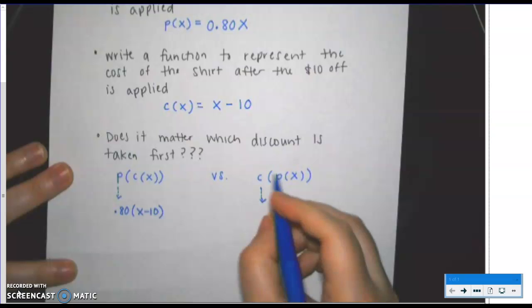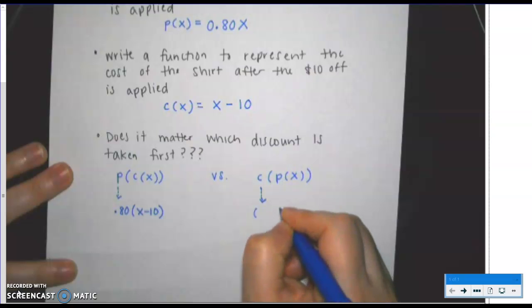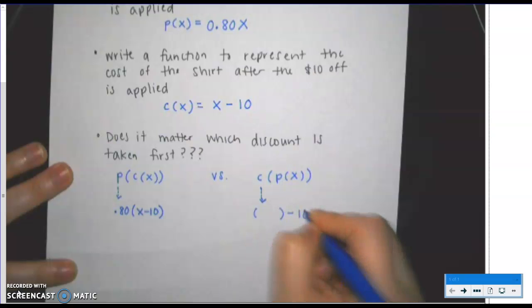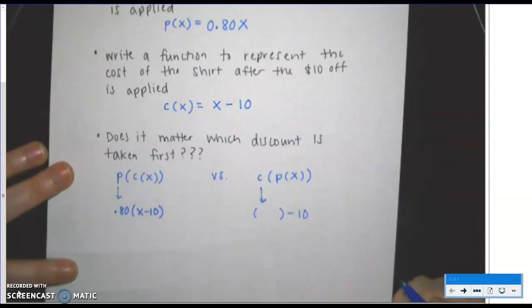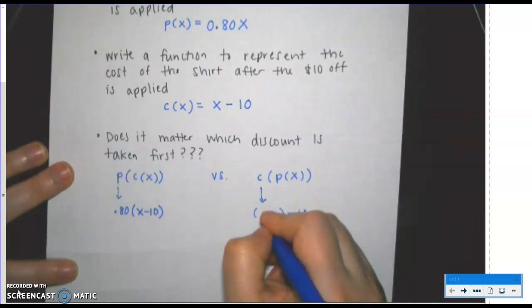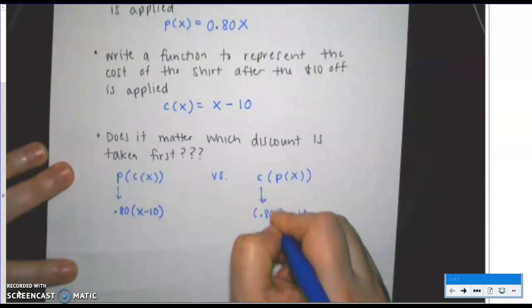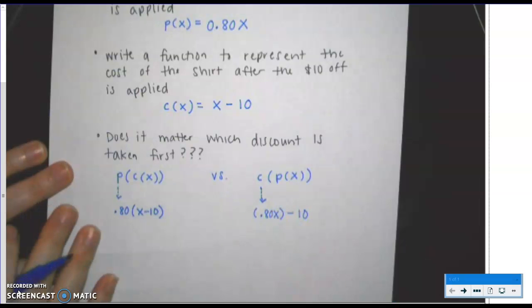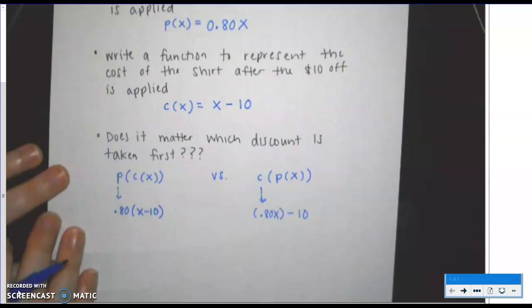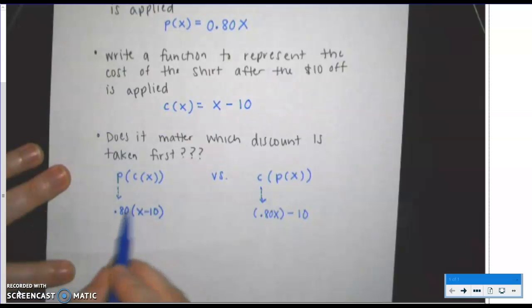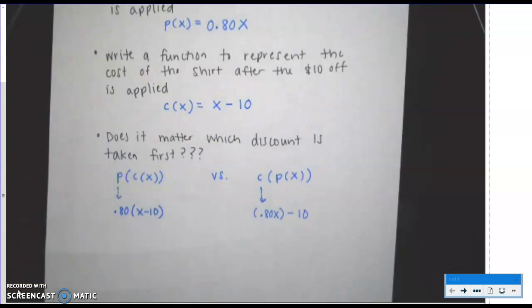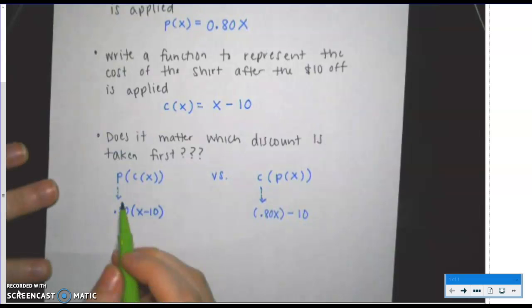So I'm going to write my C function. I'm going to leave a space because there's x minus 10, and inside of that is my 20% off. All right, so I'm just going to distribute here just so we can see if these two are actually the same. If these two come out to be the same exact function, then there's no difference in which coupon we do first.